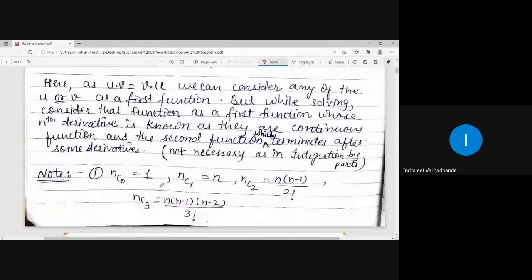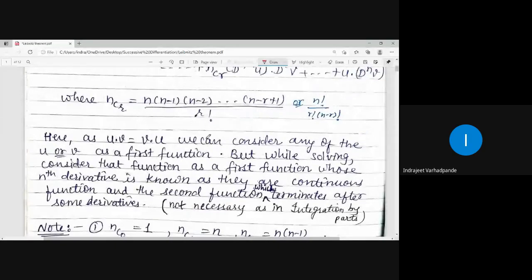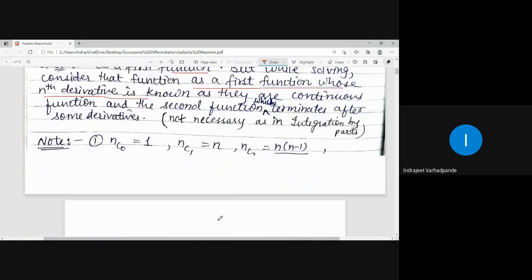Yes, here u into v is v into u. We can consider any of u and v as the first function, but while solving, consider that first function whose nth derivative is known. See, x square does not have nth derivatives. How many derivatives of x square exist? Only two derivatives exist, and all other derivatives become zero. Therefore, only y2 is the term whose nth derivative exists.